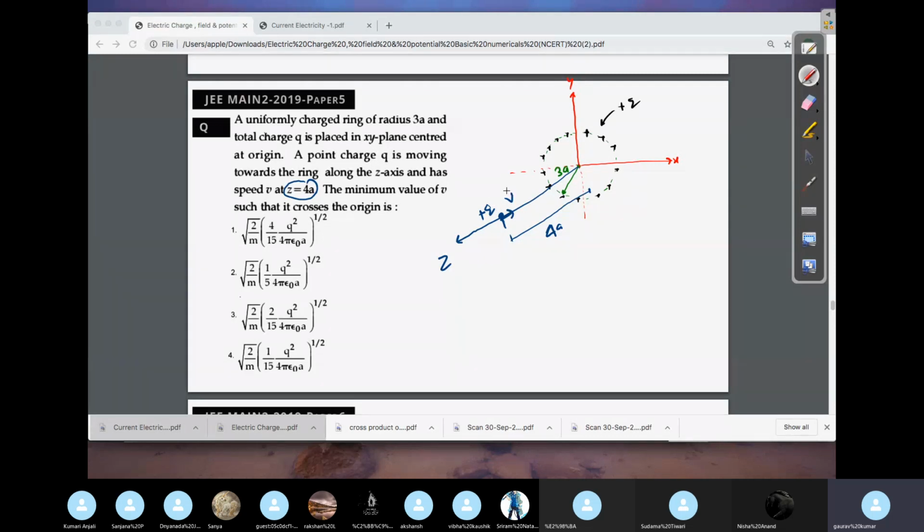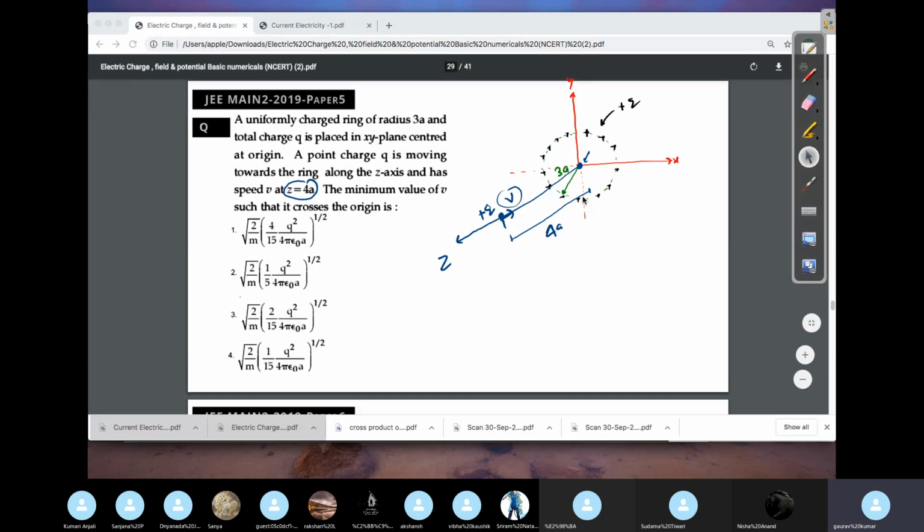I'm asking you what is the minimum velocity v so that it will just reach the center of the circular charged ring. This is the question. See, again, I'll repeat. You have a charged ring here, kept on the xy plane. Charge is q and the radius is 3a.